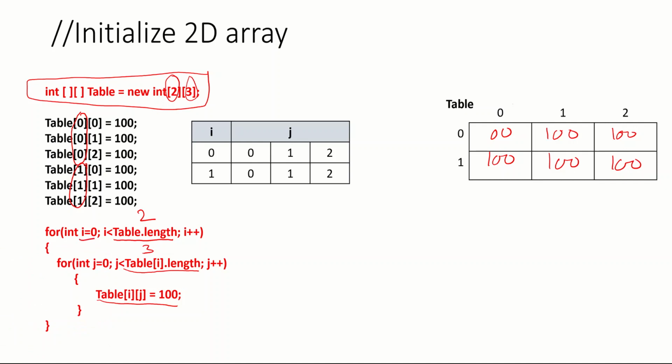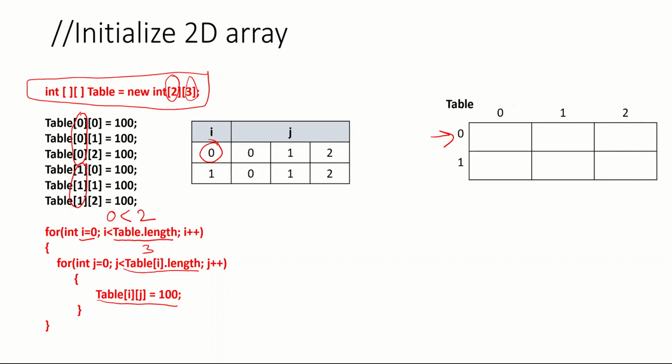Now i equals 0, which means currently we are at the first row. Currently we are at row 0 of our two-dimensional array. Now the condition says i should be less than table.length, which means currently i is 0, and 0 should be less than 2. So this is true.